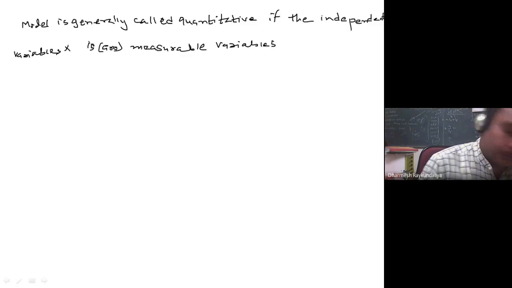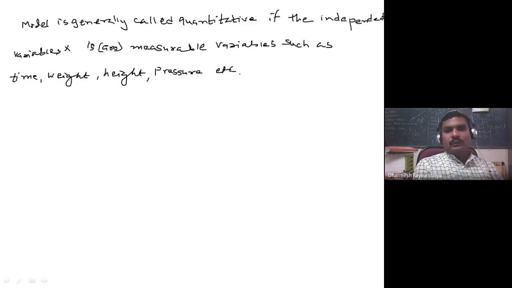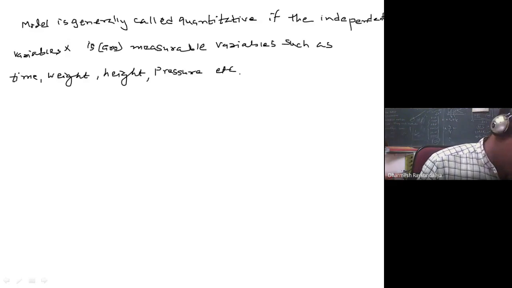So measurable variables such as time, you can measure the time, you can measure the weight, height, pressure, etc. So the model is generally called quantitative if the independent variables x are measurable variables such as time, weight, height, pressure, etc.